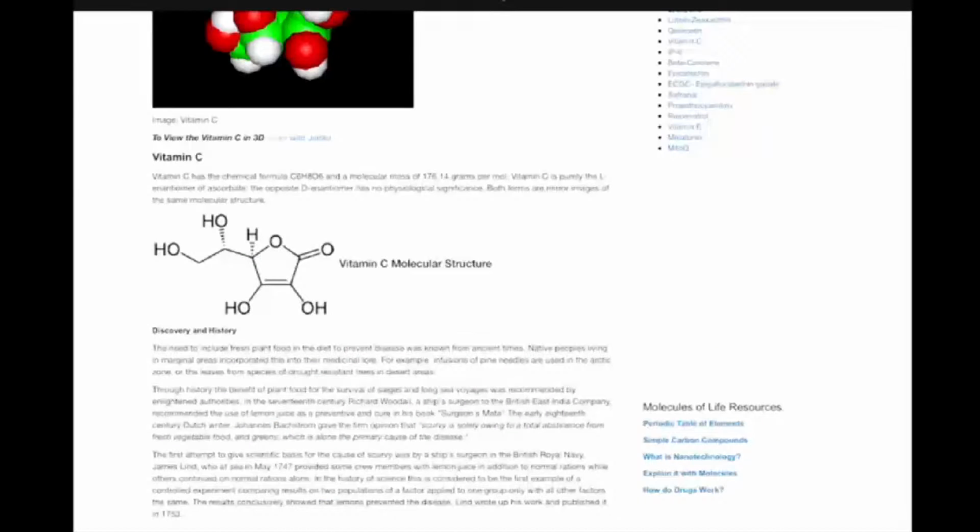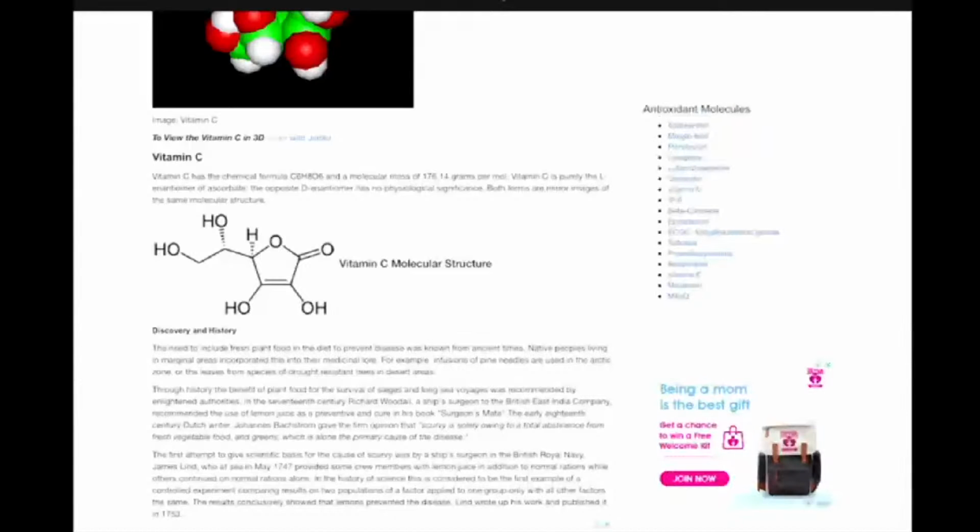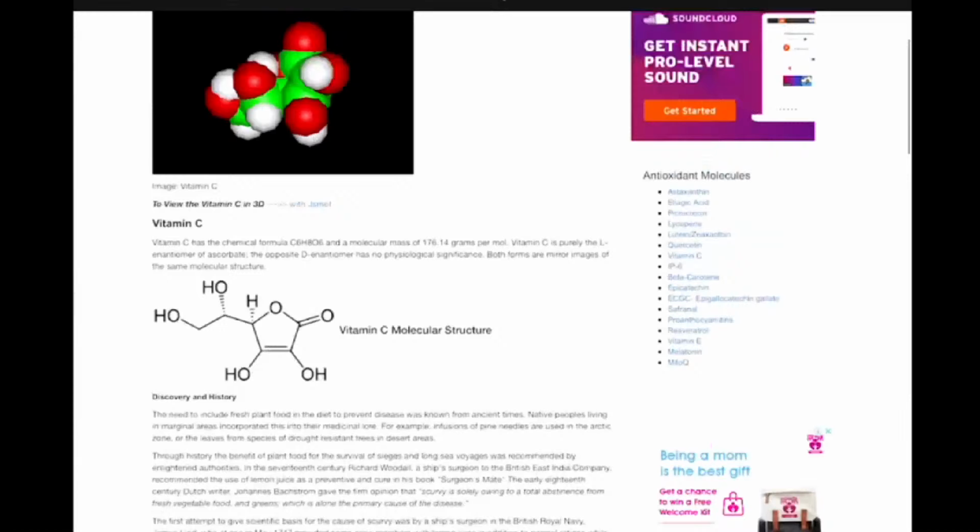You see OH groups attached to this molecule. That's why vitamin C is a water soluble vitamin. Okay, clear?